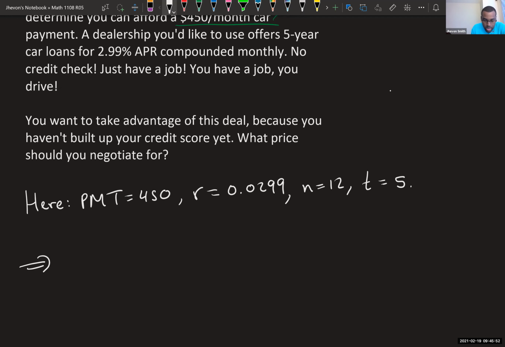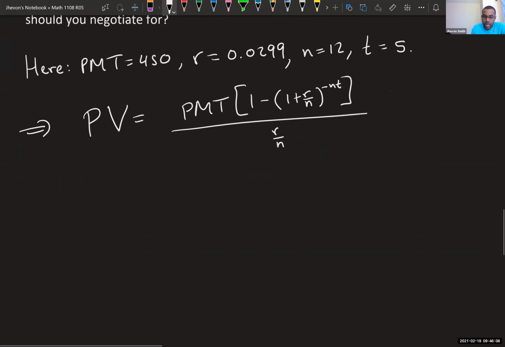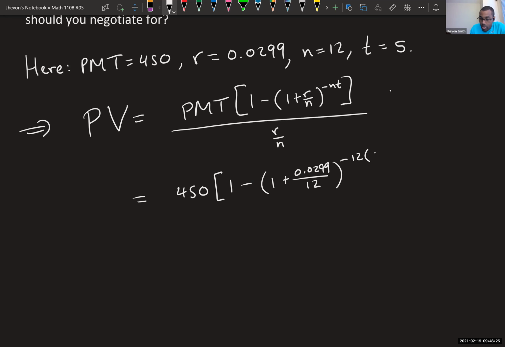So then what you can do is use the present value of annuities formula. So we know that is PMT times (1 minus (1 plus r over n) to the minus nt) over r over n. So we are going to plug that in. At $450 a month, if they're charging me 2.99% compounded 12 times per year for 5 years.